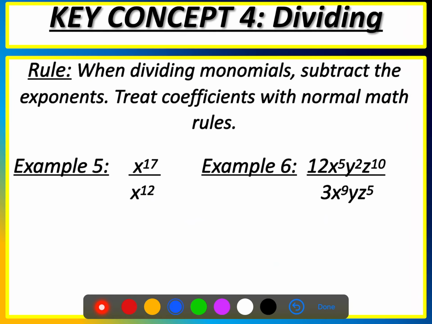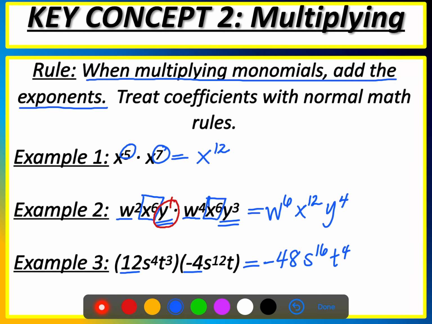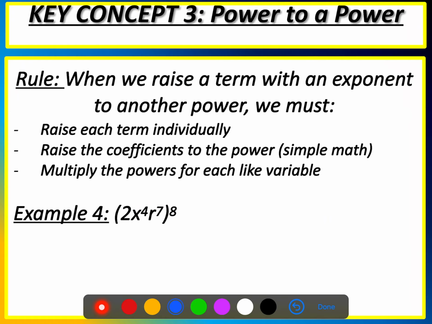So, when we raise a term with an exponent to another power, we're going to raise each term individually. So for the coefficients, that means we're going to raise the coefficient to that power.